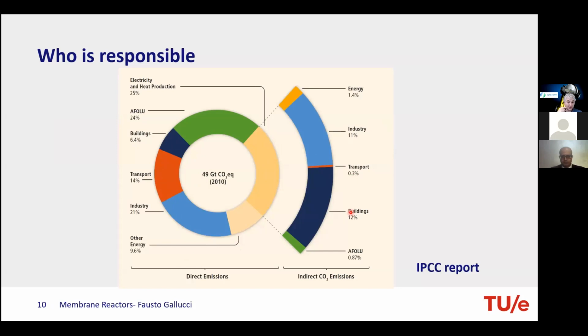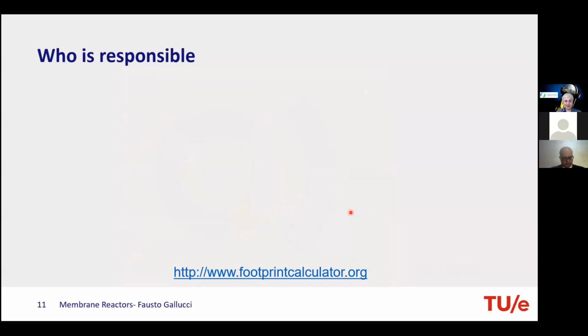Now, of course, it's very fine to read a report and say, you know, there are industries that are emitting CO2, so they are responsible. But look at why the industries are using energy and are producing CO2. A couple of years ago, I was giving a presentation like this, and I went to this website here. In this website, you can answer a few questions about your lifestyle, what you do, how much you travel, how you travel.